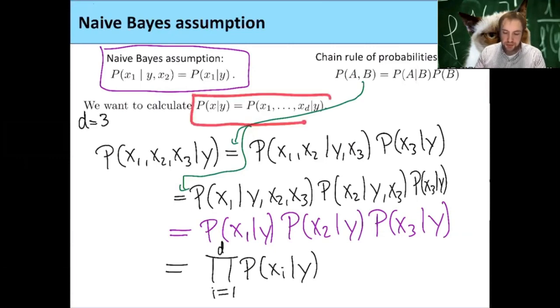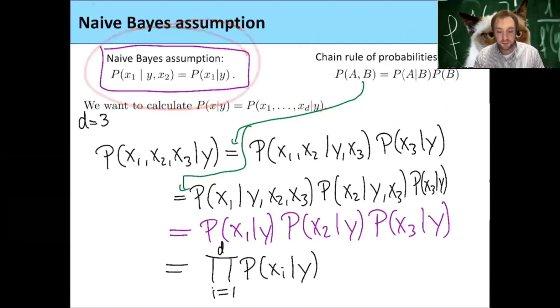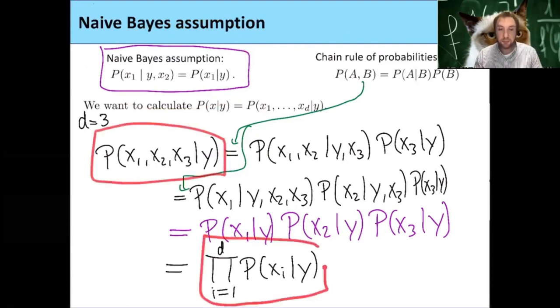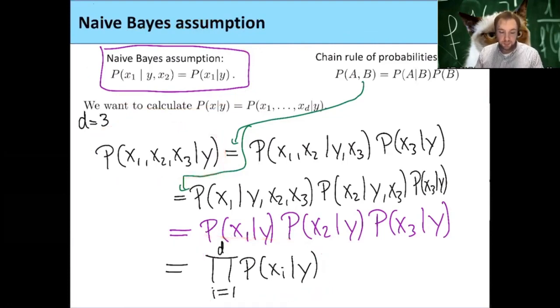And this works in general. So we will use this chain rule d minus 1 times, and then we use this assumption. So this probability here in the end is just the product of these probabilities.